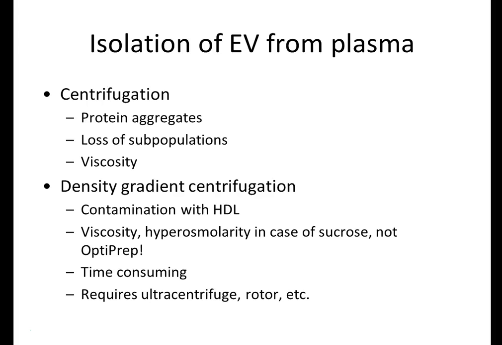With sucrose you have problems with hyperosmolarity, but of course this is not the case for OptiPrep, so that's by far a better choice, I would say. Of course, both centrifugation and density gradient centrifugation are time consuming and you require centrifuges, rotors, etc. So you require quite an infrastructure to do this.